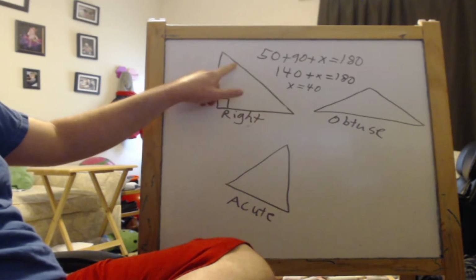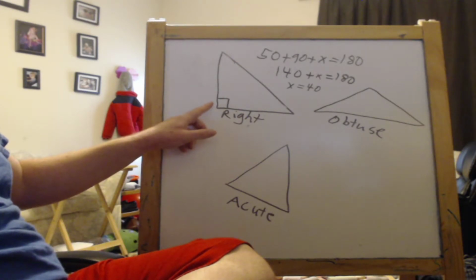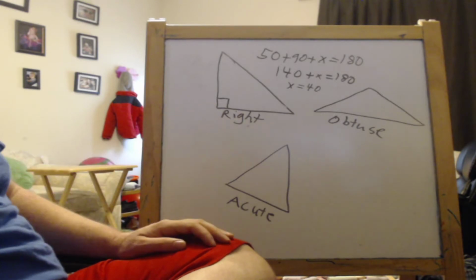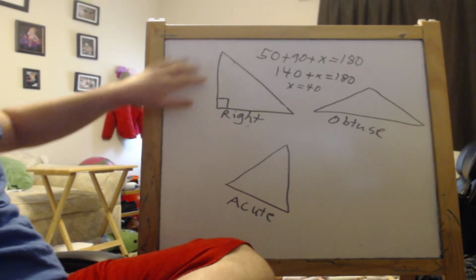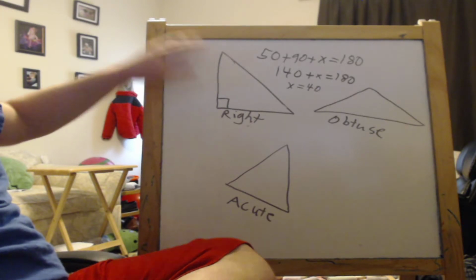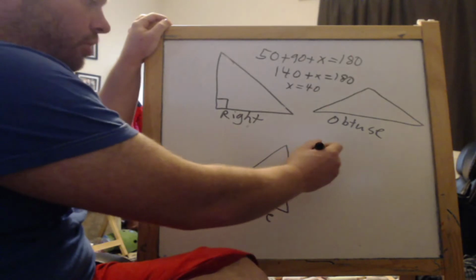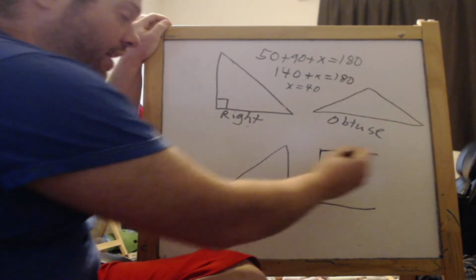combined, right? And a right triangle only has one right angle, because if it had two right angles, it wouldn't be able to close, right? So a triangle with two right angles would be like this, and then like this.